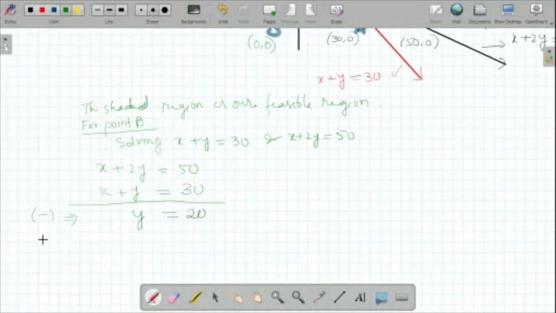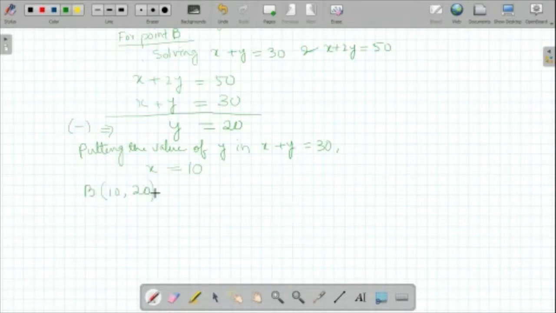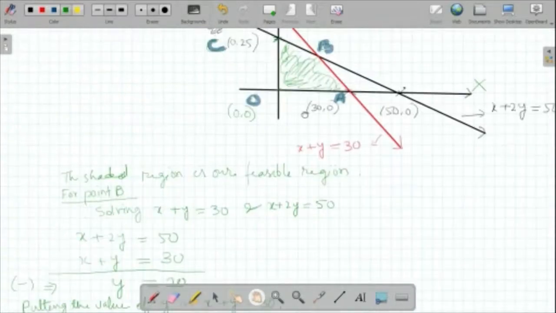Now putting the value of y in this equation, x plus y equals 30, what is the value of x? x will be 10. So what is my coordinate? It will be 10 comma 20.